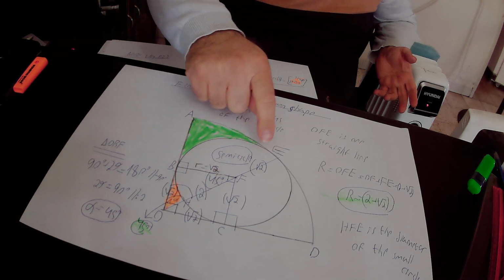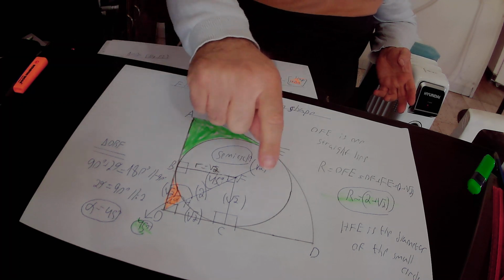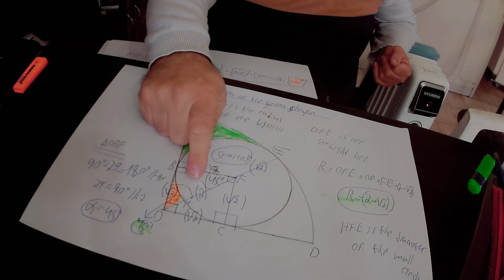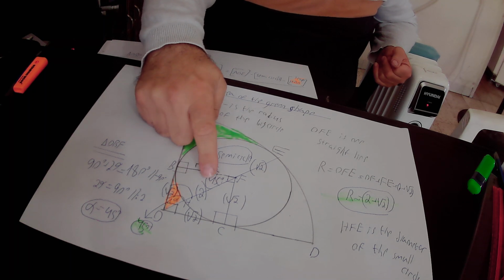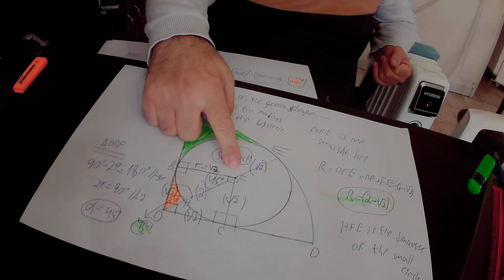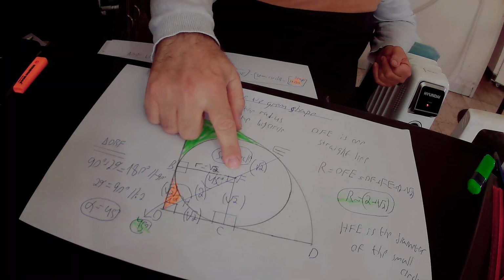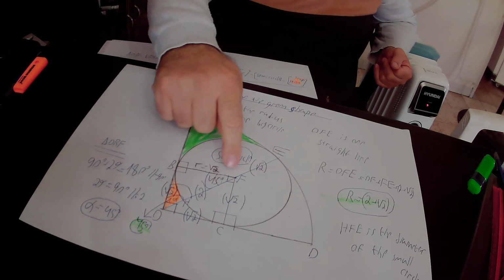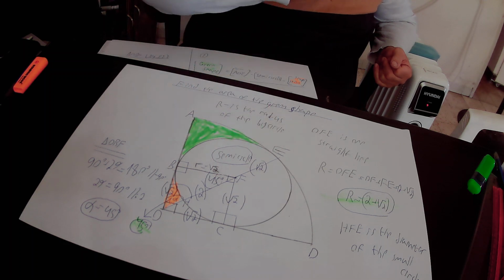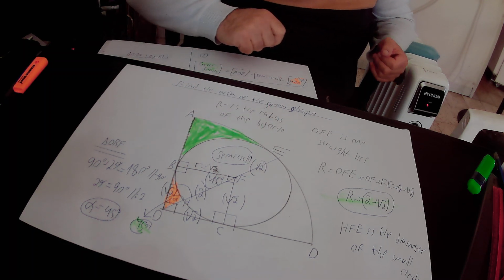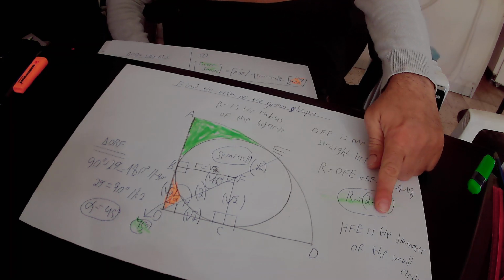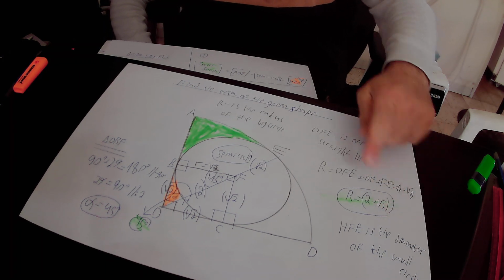So edge HE is a chord of the small circle, but it is a special chord that passes through point F, the center of the small circle, and any chord that passes through the center of the circle must be the diameter of the circle. Therefore, edge HE is the diameter of the small circle.